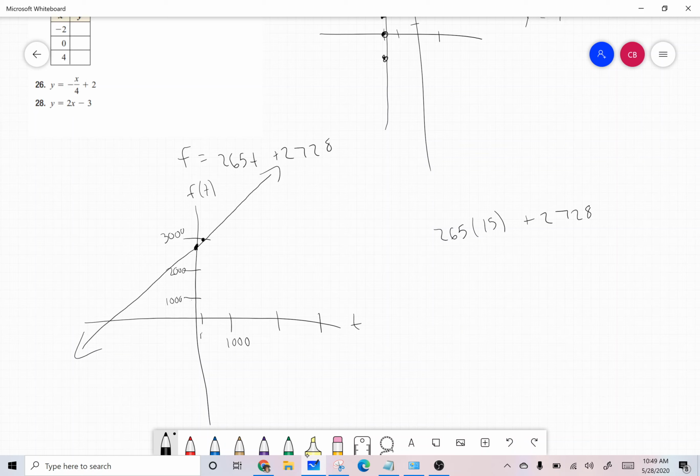And if I use a calculator real quick, 265 times 15 plus 2728. That is 6703. The number of farmers is 6,703.